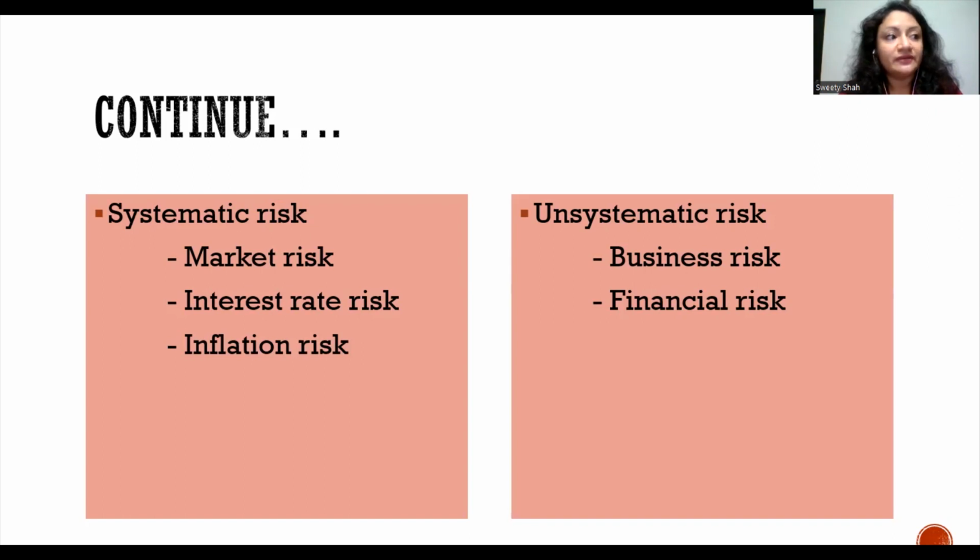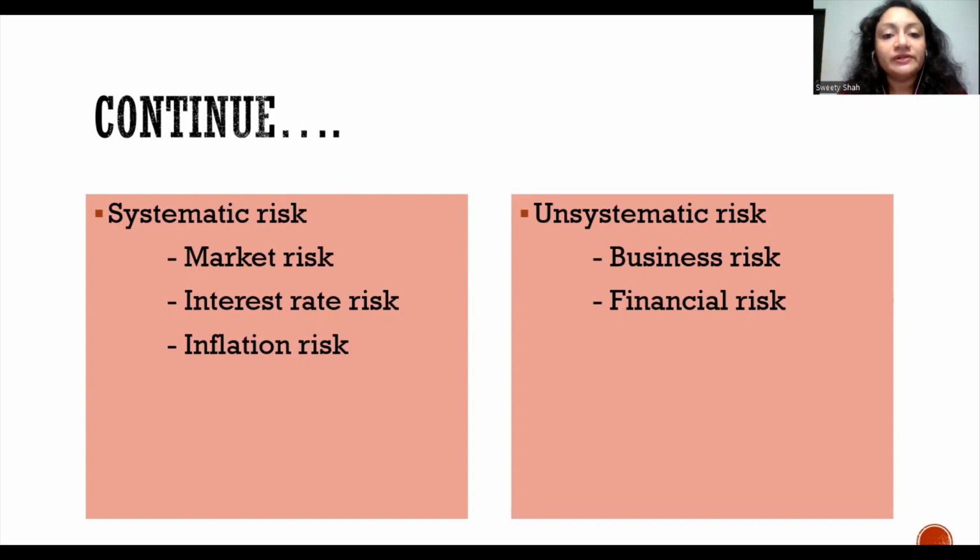Whenever the degree of operating leverage goes beyond 1, it reveals the existence of operating risk. Similarly, a situation where the degree of financial leverage increases beyond 1 also indicates financial risk.